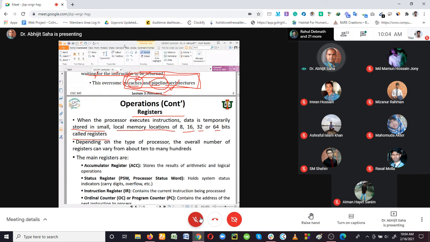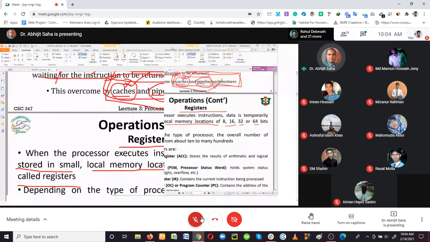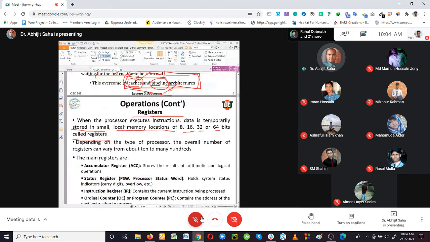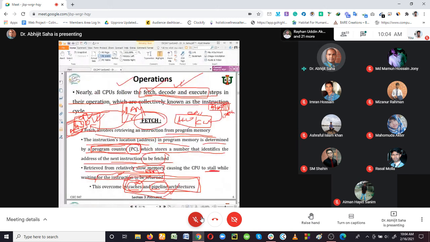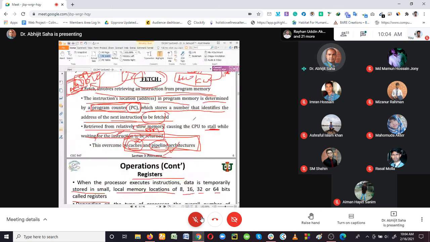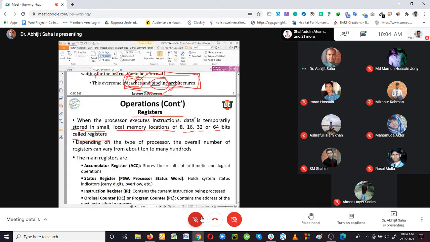So what does it mean? It means that inside a microprocessor or CPU, we are going to have several registers. The registers are very small size buffers. You can call them registers, you can call them buffers, you can call them RAM, right? They are under the primary memory.